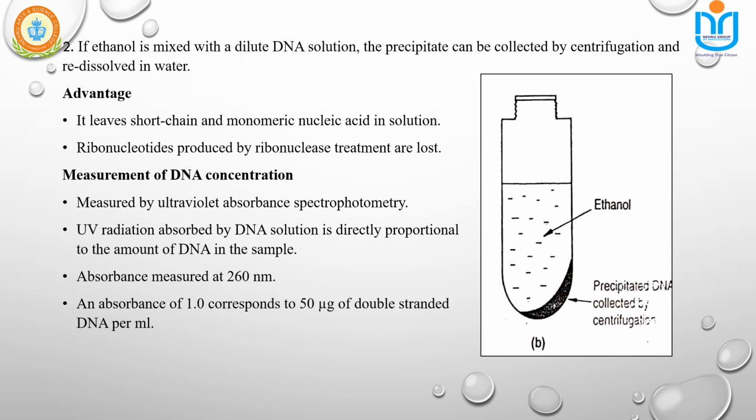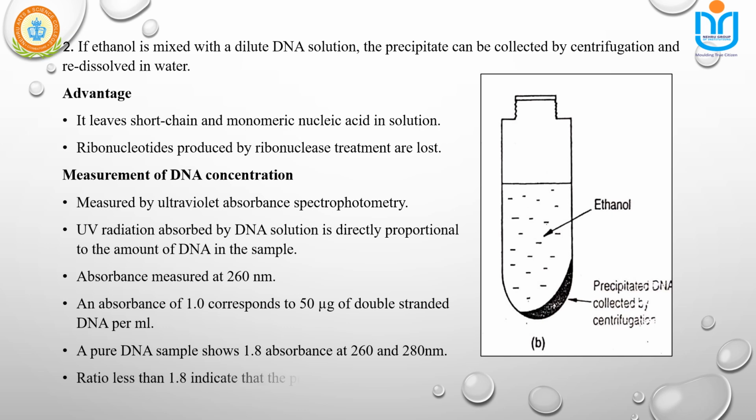An absorbance of 1 corresponds to 50 microgram of double-stranded DNA per milliliter. A pure DNA sample shows a 260 to 280 nanometer absorbance ratio of 1.8. A ratio less than 1.8 indicates that the preparation is contaminated either with protein or phenol.